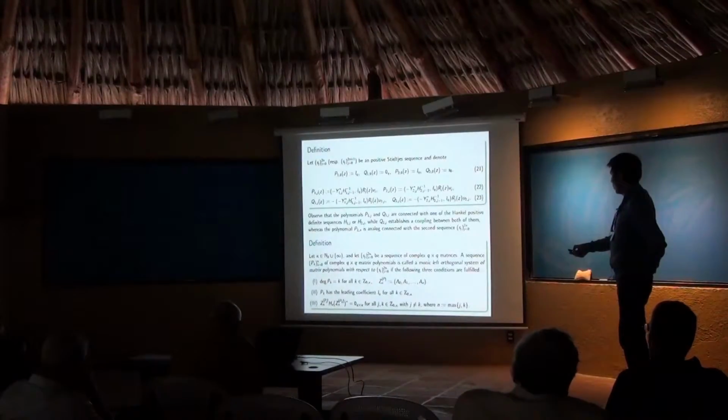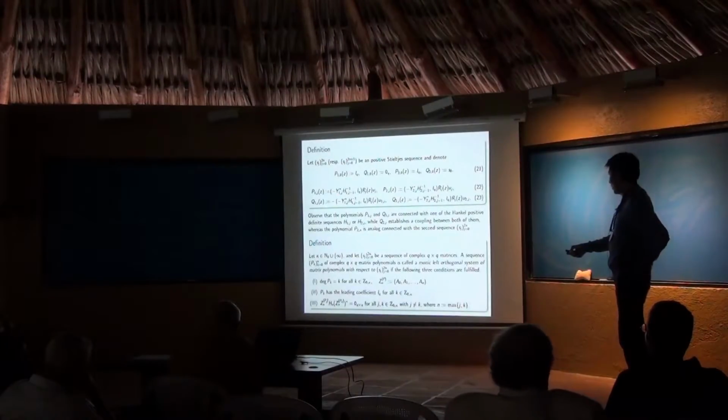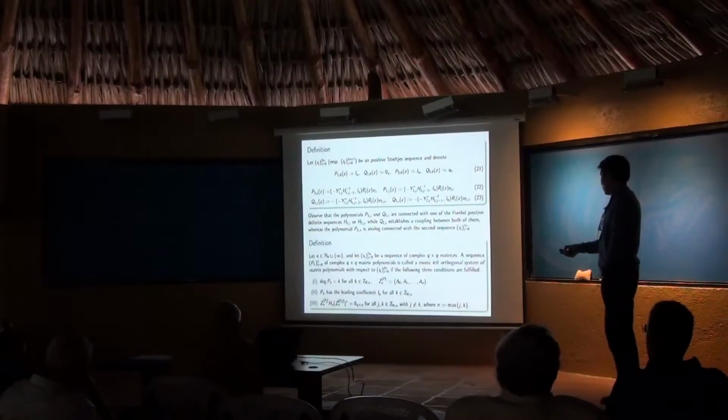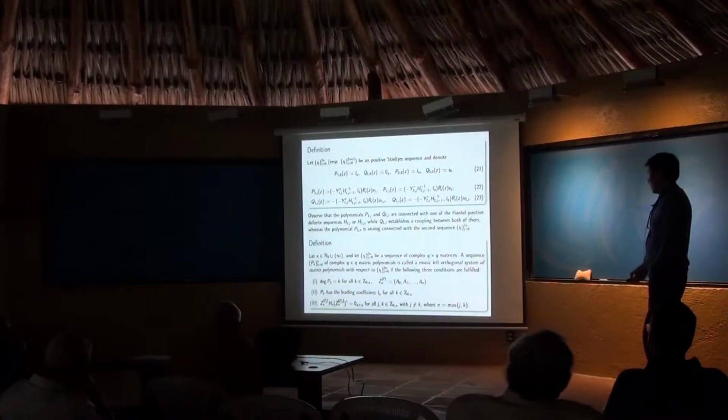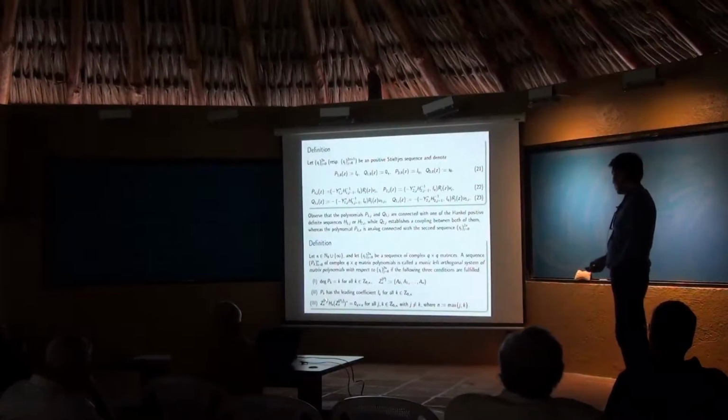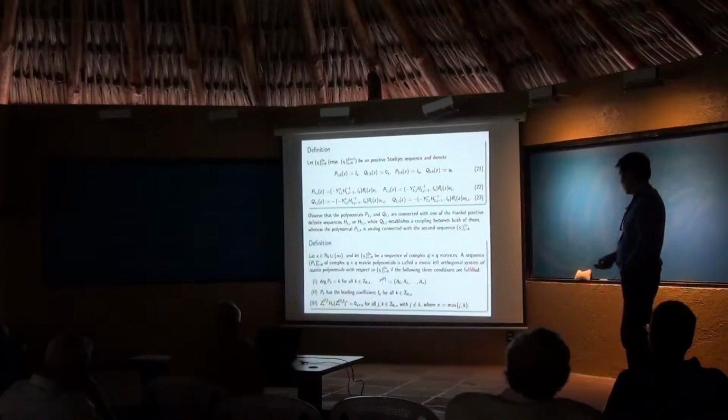We have two polynomials, P1j and P2j, and these Q are called the second kind polynomials. Q1j will be the second kind polynomial of the P1j, and the same here for the Q polynomial on this side. And we can give the definition of the orthogonality of these matrix polynomials in the following way.